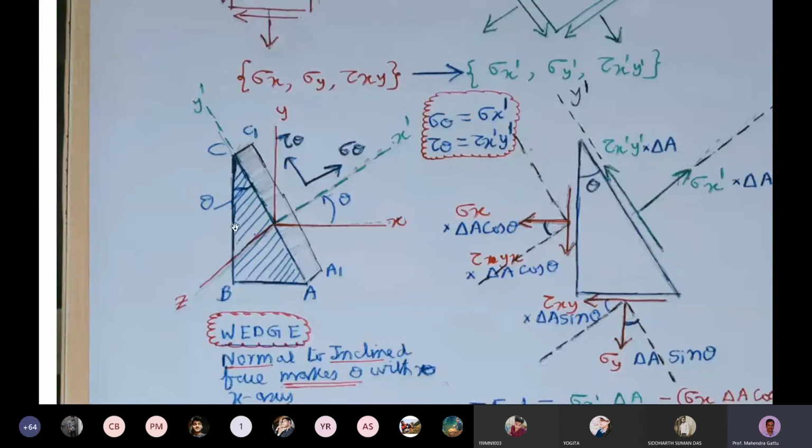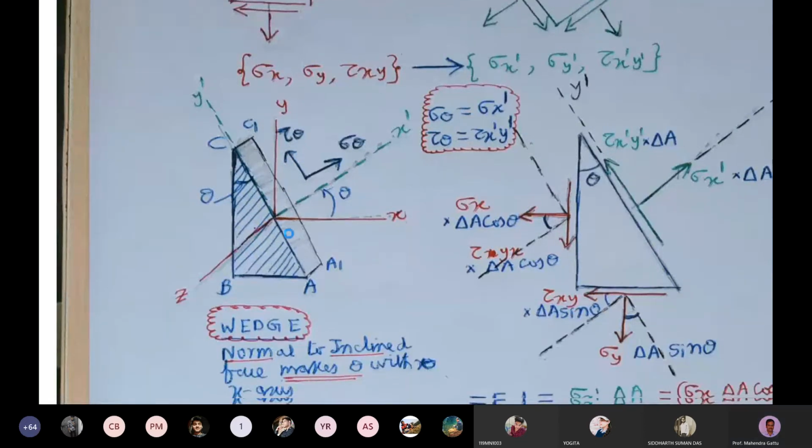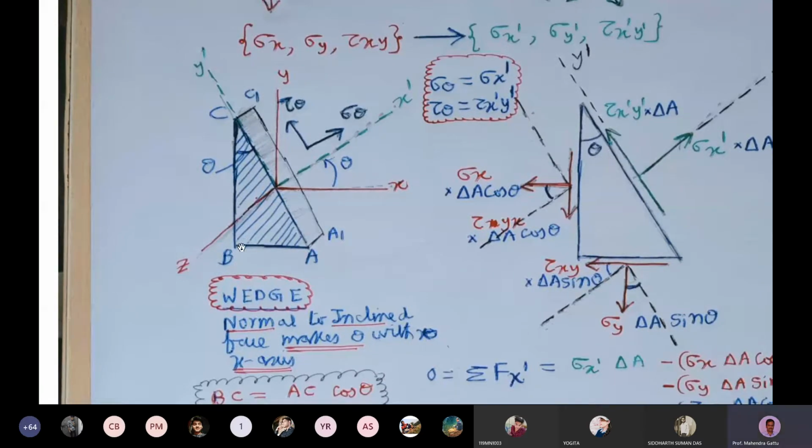Okay, a wedge is this triangular shaped 3D object with two surfaces, this horizontal surface and the vertical surface. They are such that the horizontal surface has its normal parallel to the y-axis and the vertical surface has its normal parallel to the x-axis.